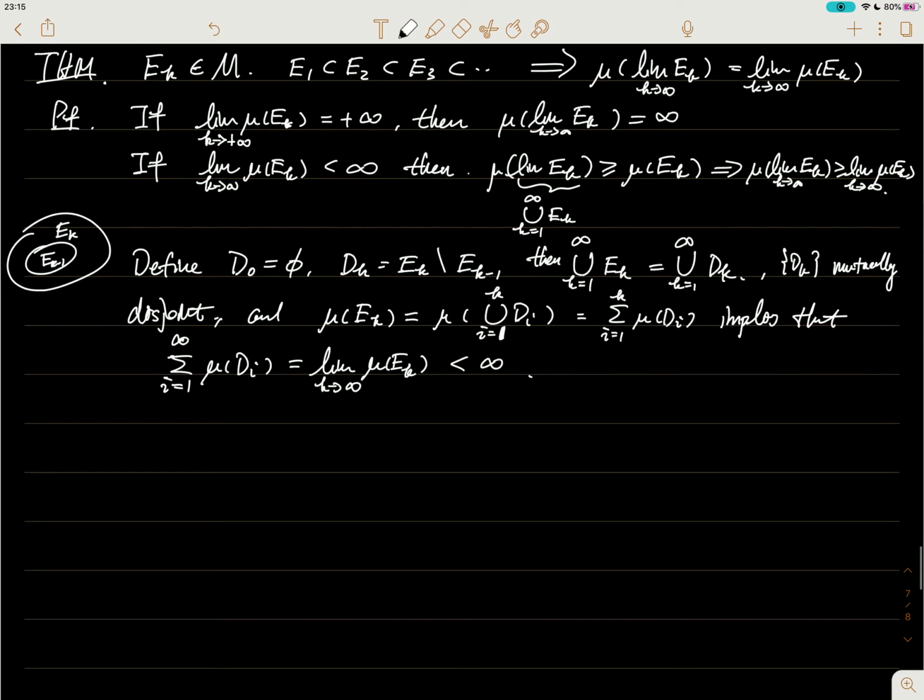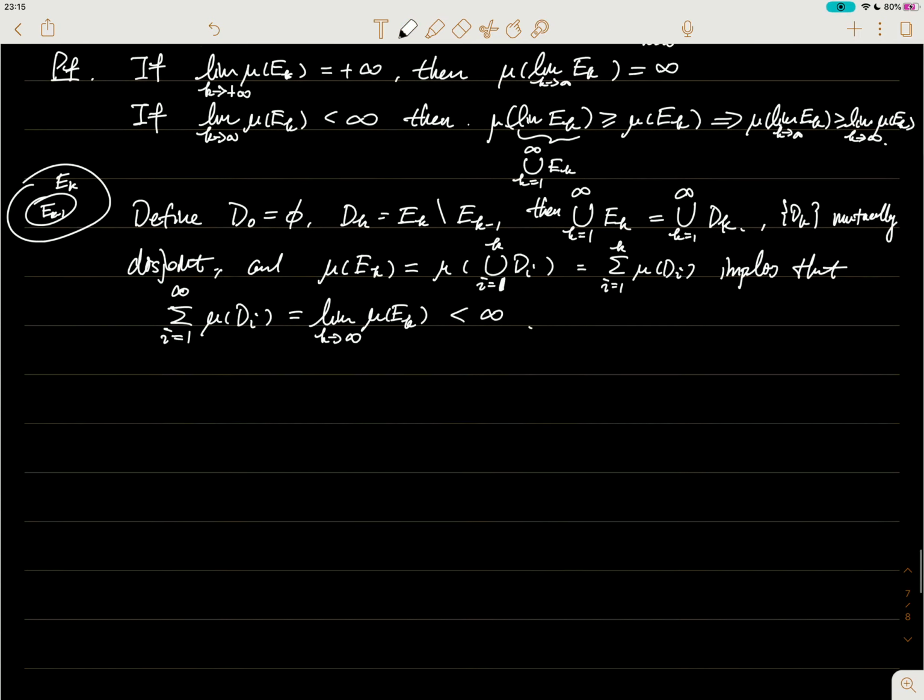Okay, now we find something interesting. Here we have an infinite sum, or a series, and that's finite. That means this thing will get closer and closer to zero. We must approach zero, right? Because the series is finite.